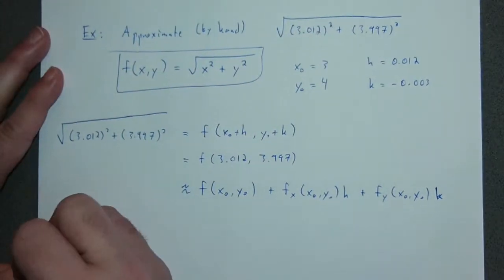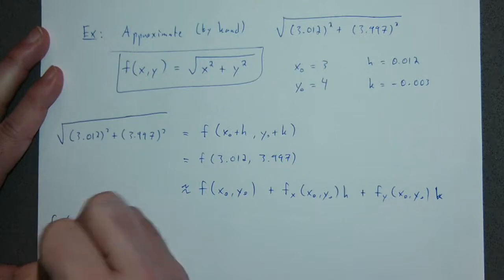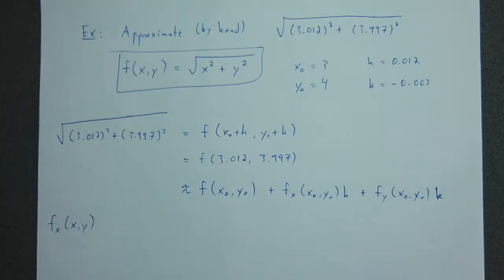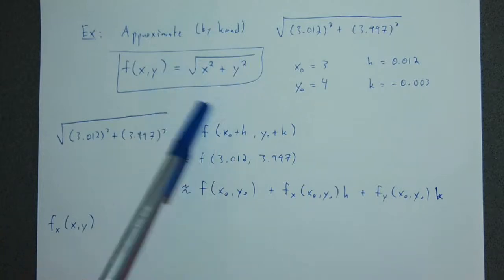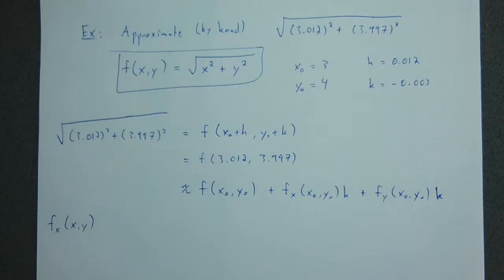So then what is the x partial of square root of x squared plus y squared? If you want to use power rule, it can help to rewrite this as x squared plus y squared to the 1/2. In that case, what is the x partial using power rule and chain rule?